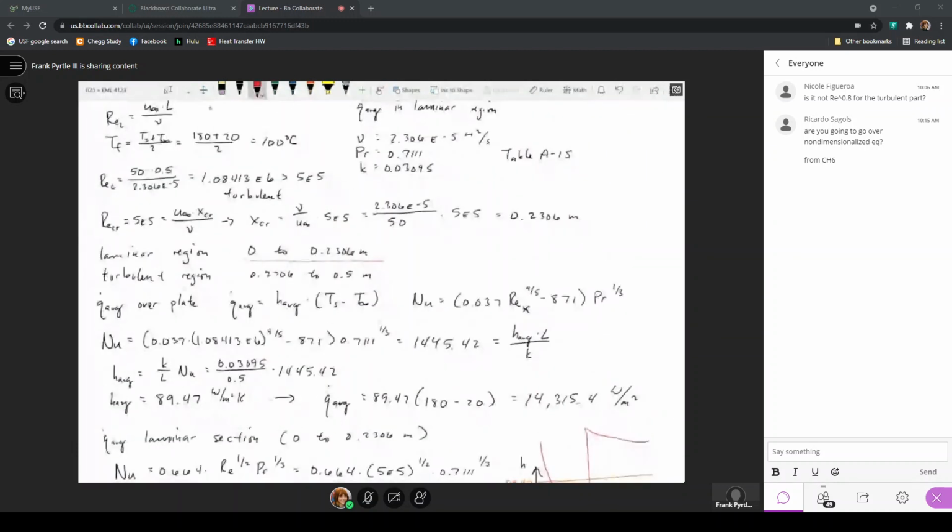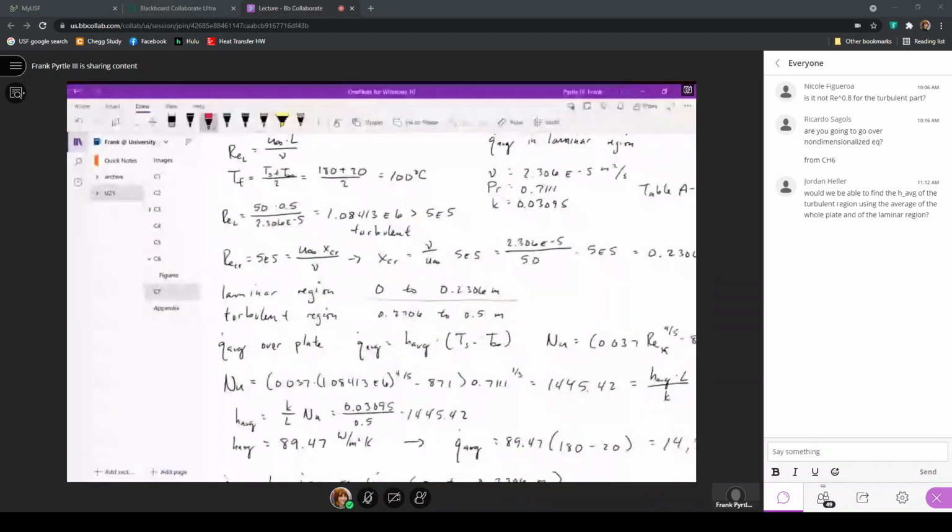The velocity and the kinematic viscosity are going to affect the calculated value of the Reynolds number. And of course, the Prandtl number and the thermal conductivity, which are directly fluid properties, are also going to be used for the calculations of the quantities we're looking for to actually solve these problems. So determining whether it's going to be laminar or turbulent is going to be dependent on the properties.